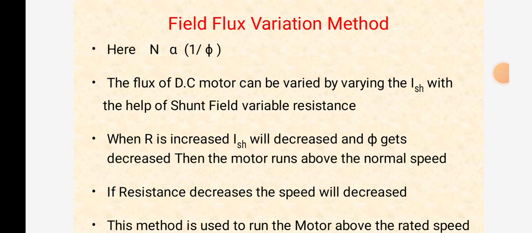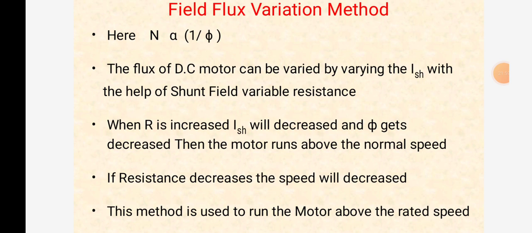Then the motor runs above the normal speed. If the resistance decreases, the speed will decrease. This method is mainly used to run the motor above the rated speed.